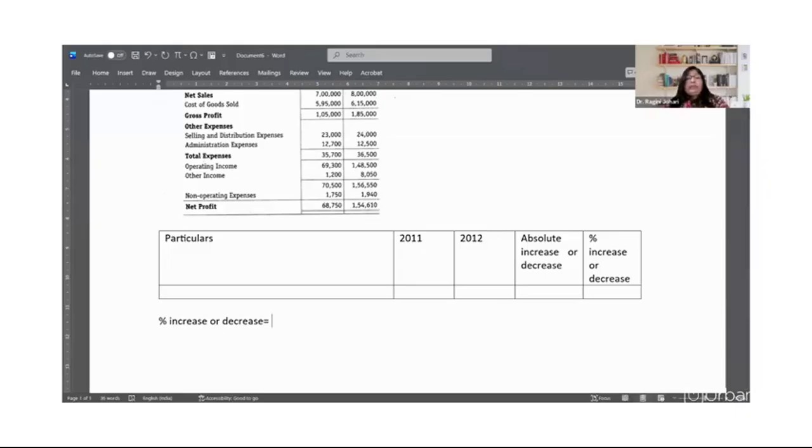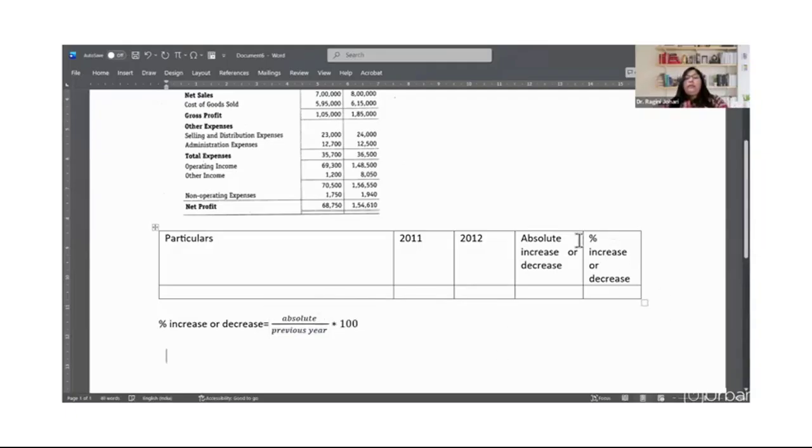The formula is absolute change, or absolute increase or decrease, either way we can write it, upon previous year information multiplied by 100.